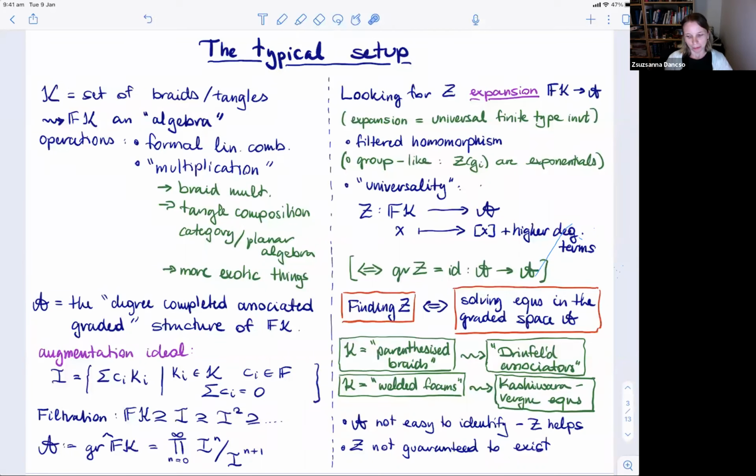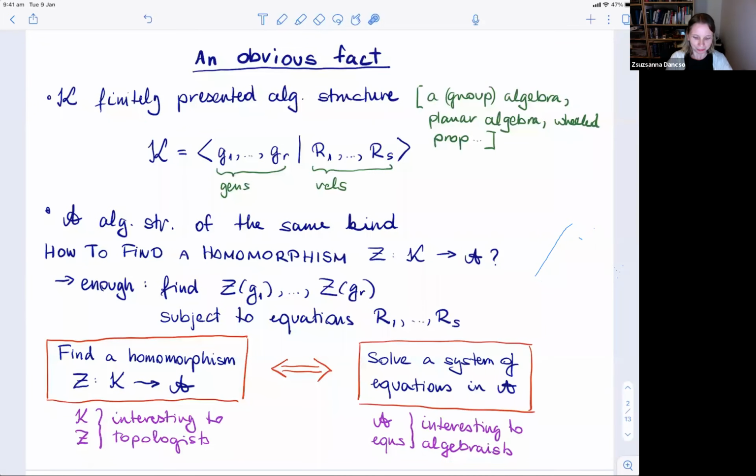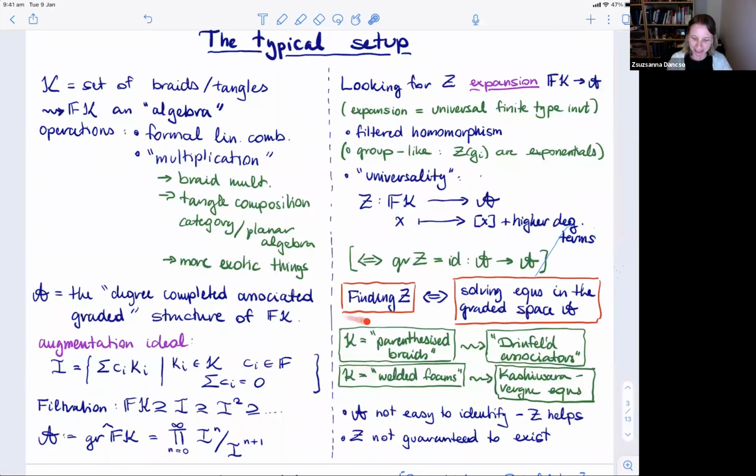But the basic point that we have seen so far is that by applying this very first year algebra correspondence, finding Z amounts to solving some equations in this space.